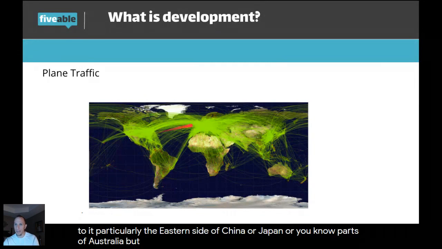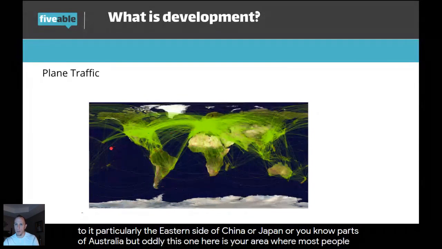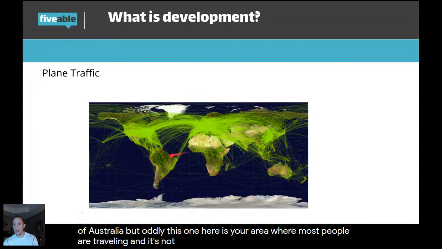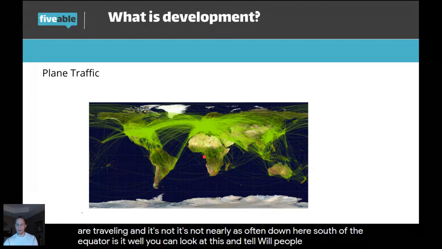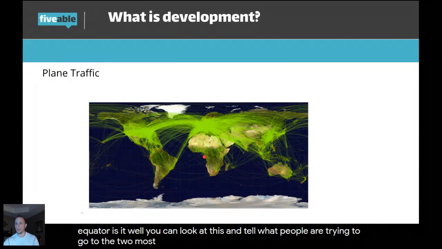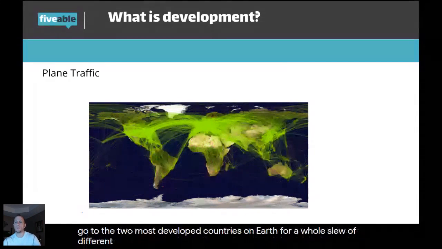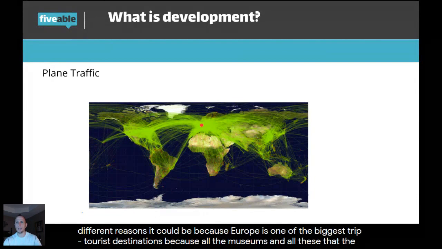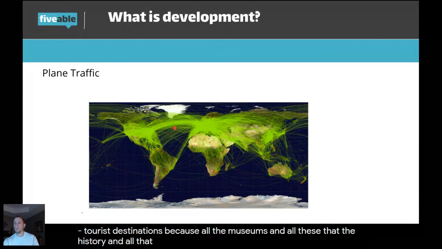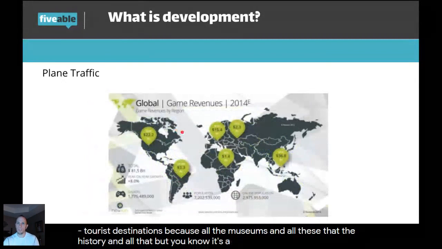But mostly this right here is your area where most people are traveling, and it's not nearly as often down here south of the equator, is it? Well, you can look at this and tell, well, people are trying to go to the most developed countries on Earth for a whole slew of different reasons. It could be because Europe is one of the biggest tourist destinations because of all the museums and the history and all that. But it's a developed region.